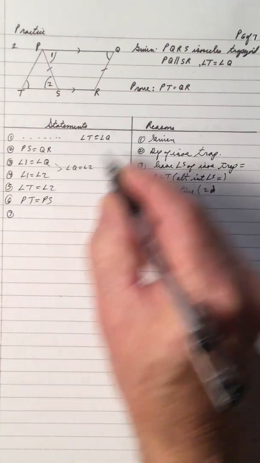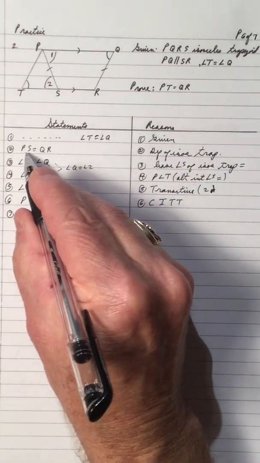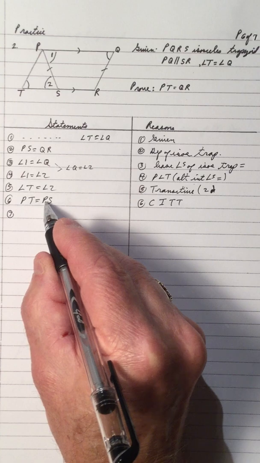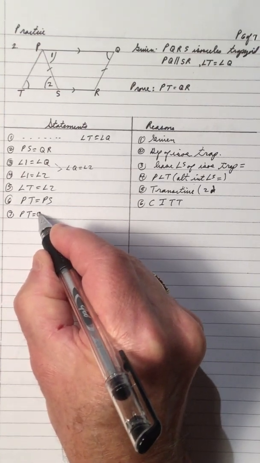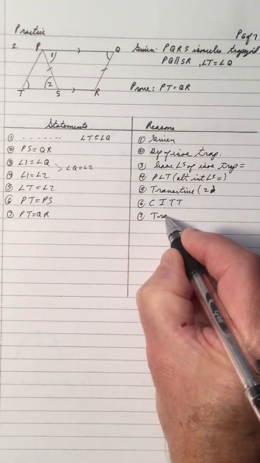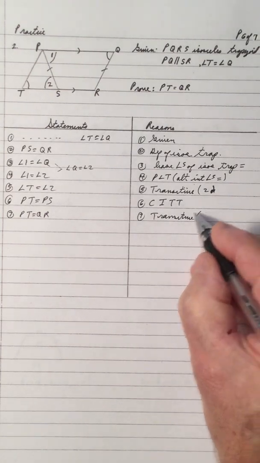And again, we have PS equals QR and PT equals PS. That means that PT is equal to QR by transitive.